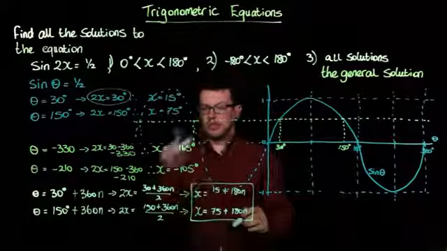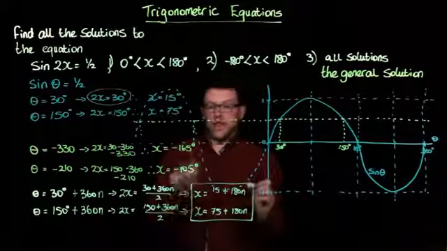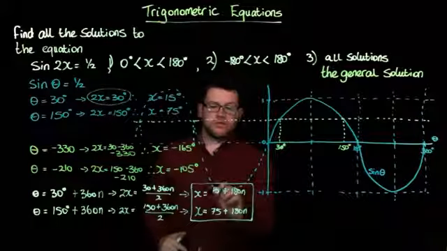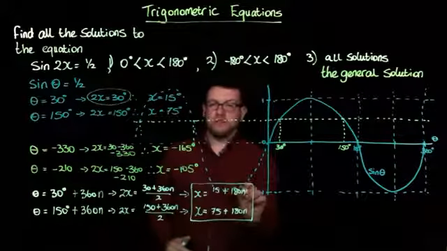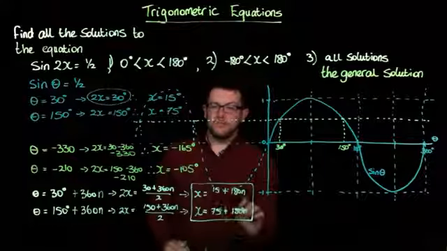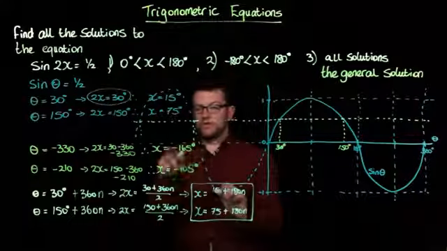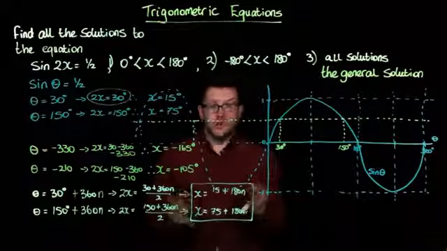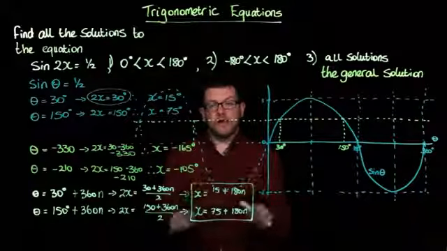Likewise, in this scenario, n would have been minus 1 because we were going back, we were subtracting. So we would have had 15 minus 180 and 75 minus 180, which would have given me these two solutions here. So the general solution is really quite useful if we get that one first.